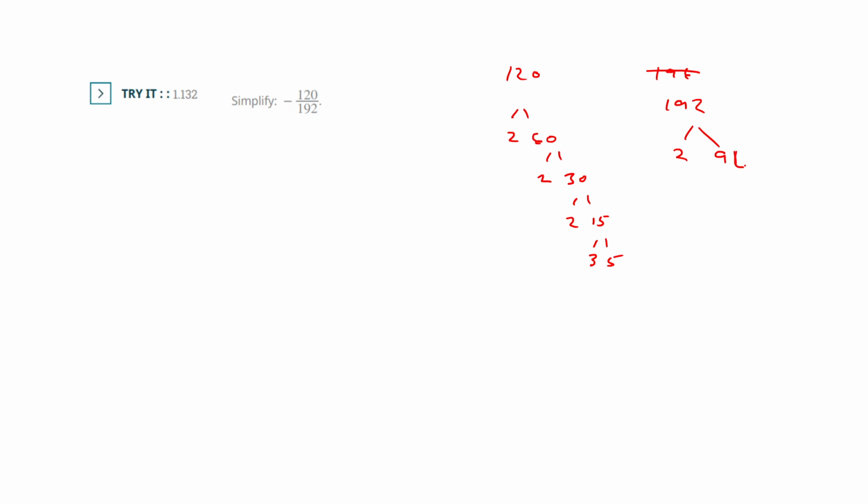Okay, this one breaks down quite a bit. That's going to turn into these 4 2's. Okay, so this was quite a lot. So on top I've got 2 times 2 times 2 times 3 times 5.